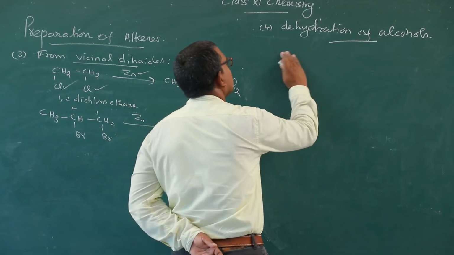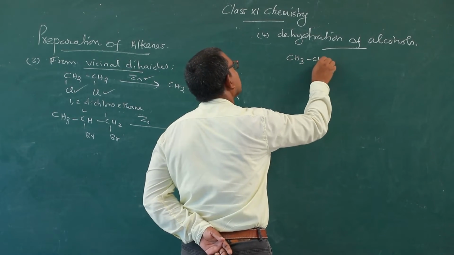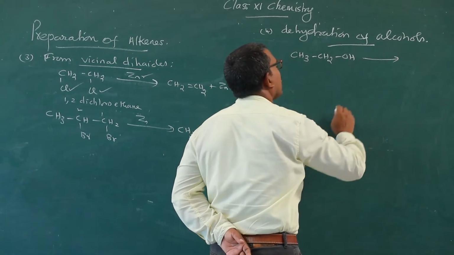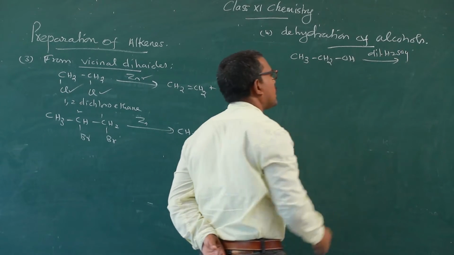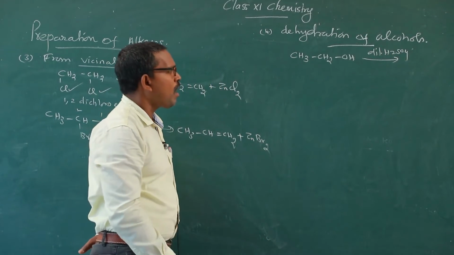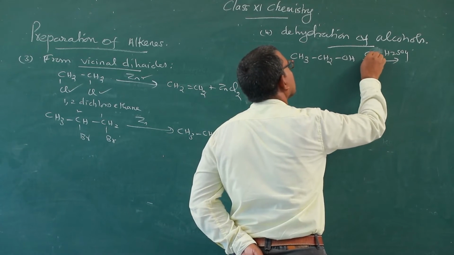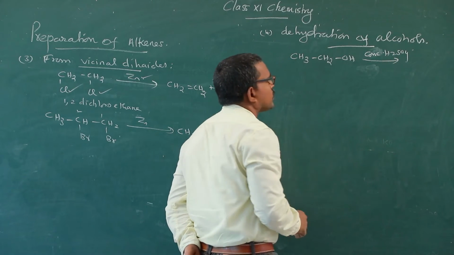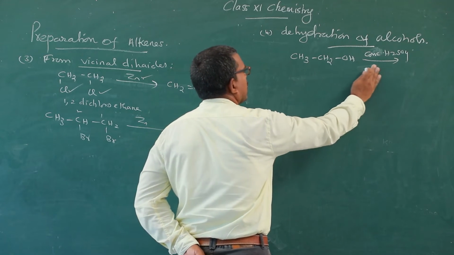Therefore, acidic dehydration: CH3CH2OH, ethyl alcohol, in the presence of dilute sulfuric acid, or we are using a drop of concentrated sulfuric acid. So, how does this reaction take place?